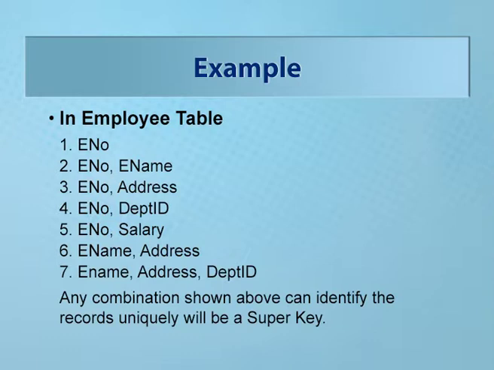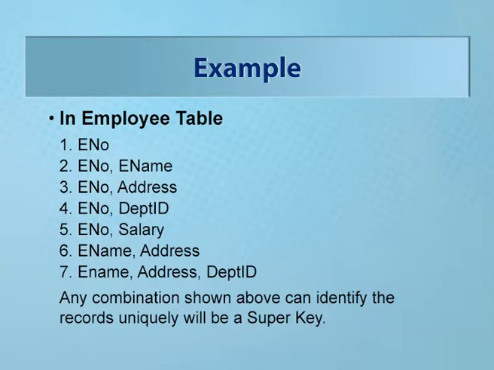We saw the employee relation, and it should be the employee table, not the student table. Employee number is one key with which we can identify each and every record uniquely.